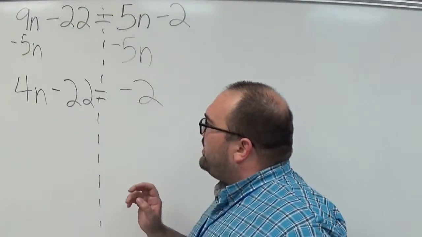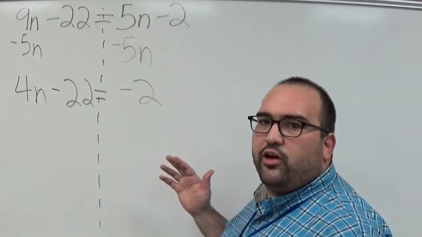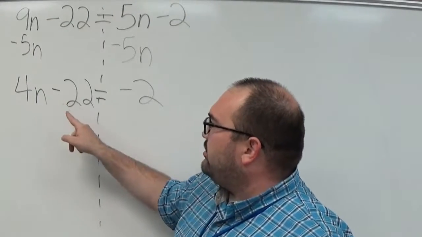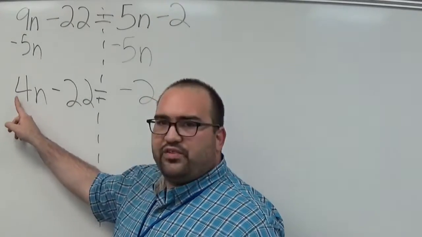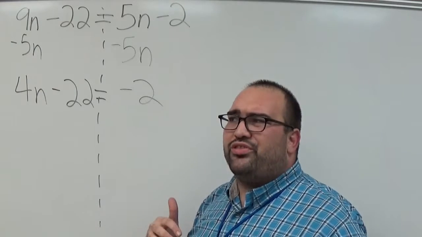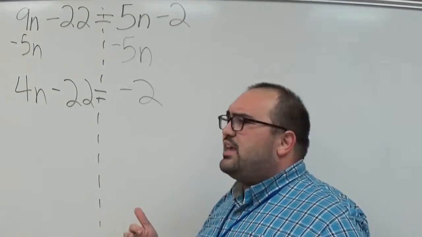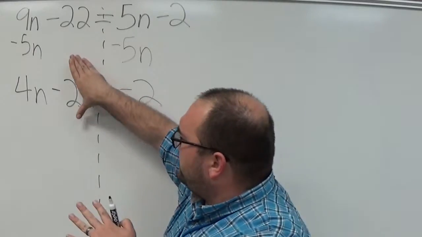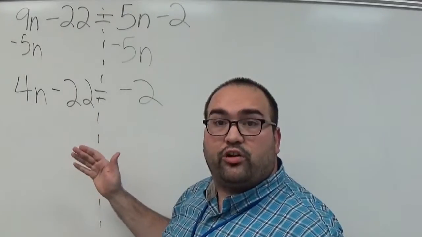Now, we want to get n by itself. So what should we do first to get n by itself? Should we add 22 to get rid of this, or divide by 4 to get rid of this? After some discussion in our classes, we came up with the best way of doing this: look at the side and ask, if I was going to solve this side, what would I do first?